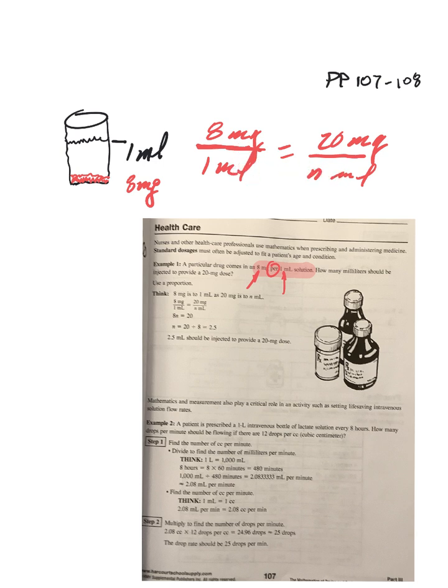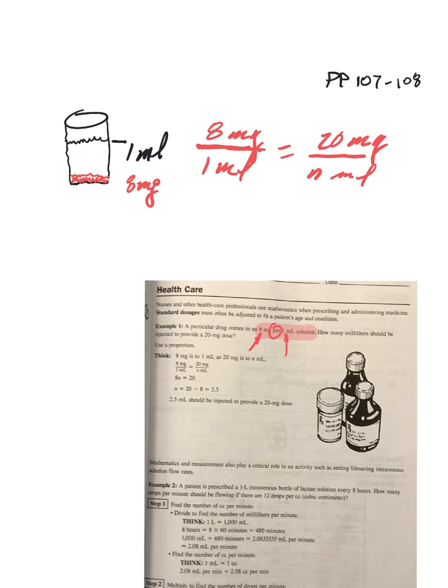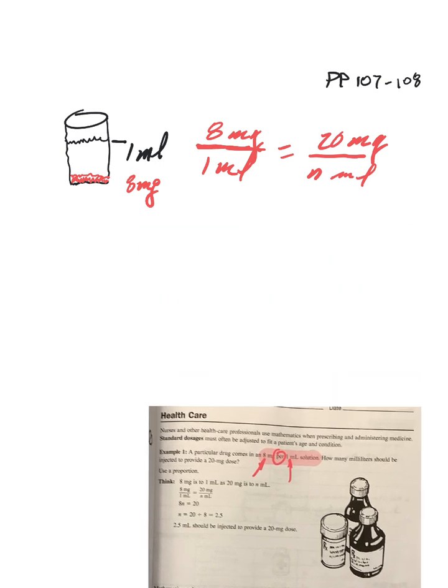Now I'm going to do my handy dandy cross multiplication here. Let me move this out of my way. So I take 8 times n, cross multiply, equals 20 times 1, and 8n equals 20, because 20 times 1 is 20. And now remember, I just take this number in front of my n, move it down here, and make it go away.